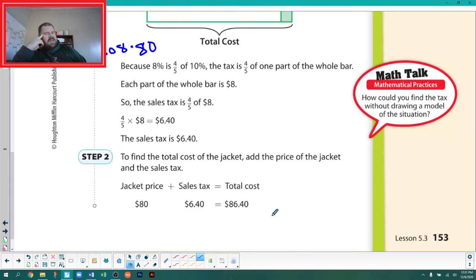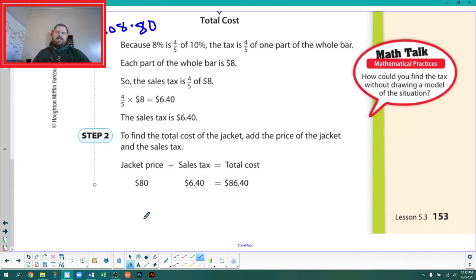You would find the same thing if you took the 0.08 and multiplied it by the 80. You'd get $6.40. So the entire price of the jacket is the jacket price, $80, plus the $6.40. Whereas we in Oregon would just pay $80 for that jacket, Marcus in this example has to pay $86.40.